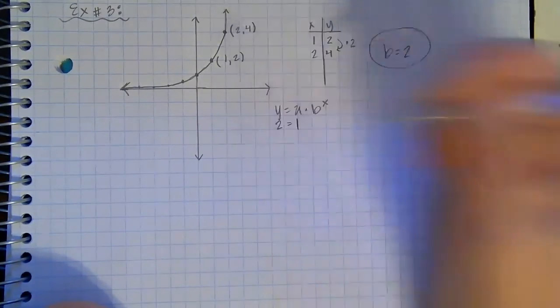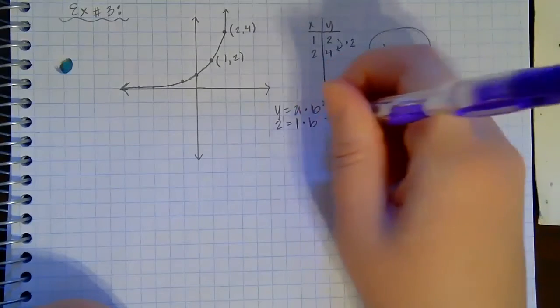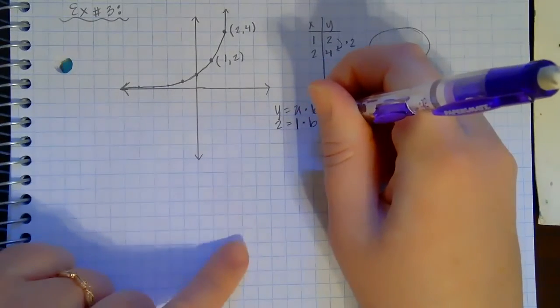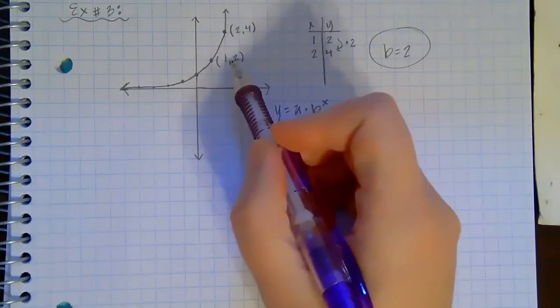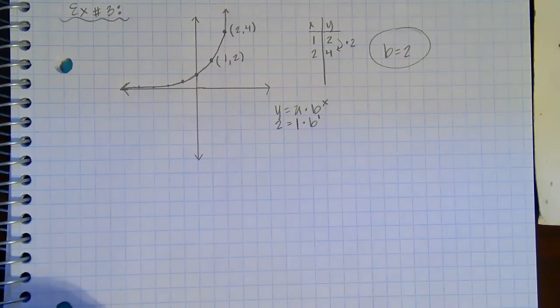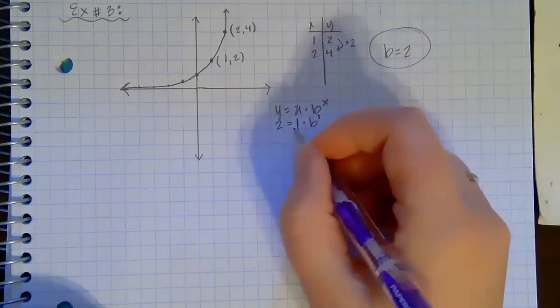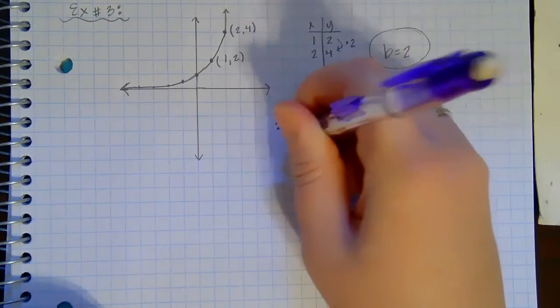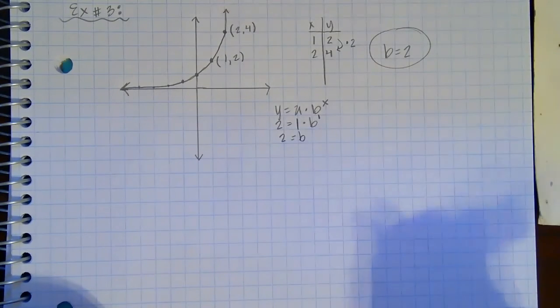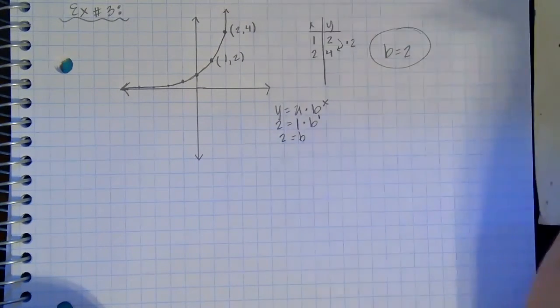Let's use 1, 2. So 2 is y, I don't know what b is. X is 1. I'm using this point here, 1 comma 2. So then I can simplify that. So b to the first power is just b times 1, still just b. That means b is 2. And then there's my multiplier there.